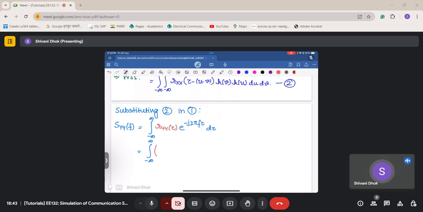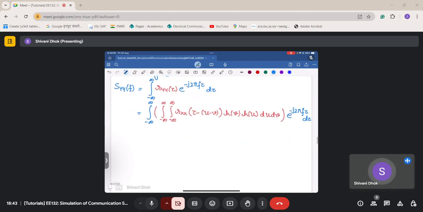So we will have integral from minus infinity to infinity, integral from minus infinity to infinity, Rxx of (tau minus u minus v), h of v into h of u du dv, multiplied by e power minus j 2 pi f tau d tau. So this is what we are having here.